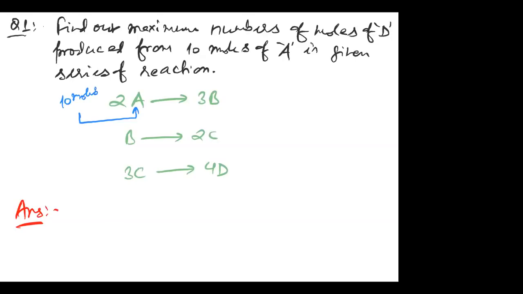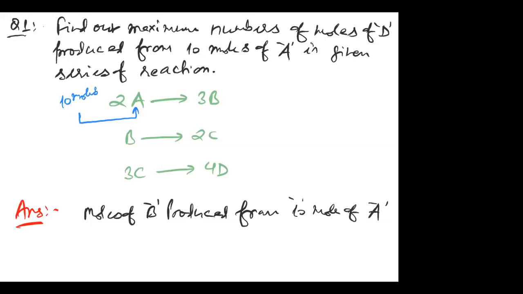So you have to apply the basic unitary method. The moles of B produced from 10 moles of A should be equal to 3/2 times 10, which is 15 moles. So the moles of A and B, according to the stoichiometry of the reaction, have a coefficient ratio of 2:3, so from 10 moles we are getting 15 moles.